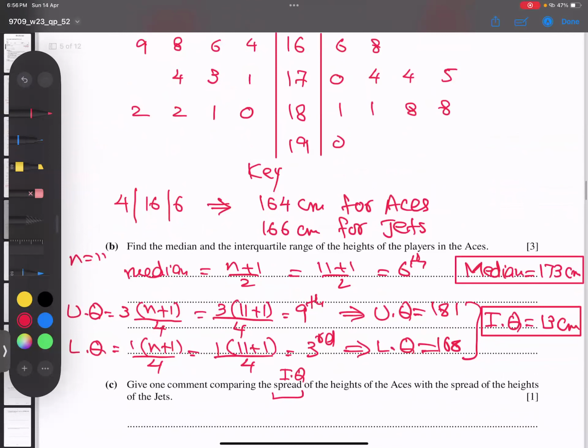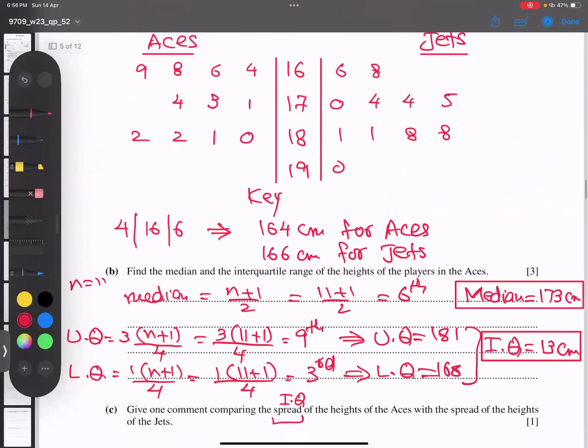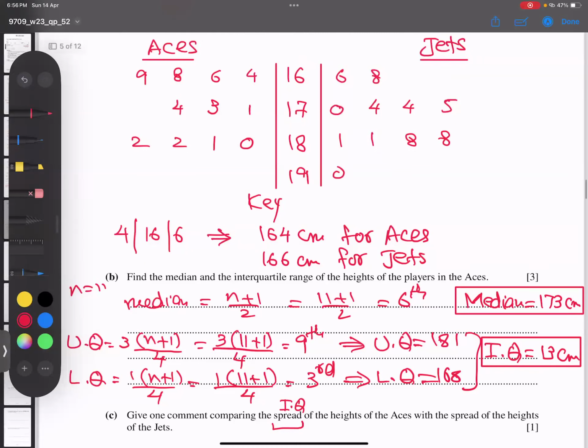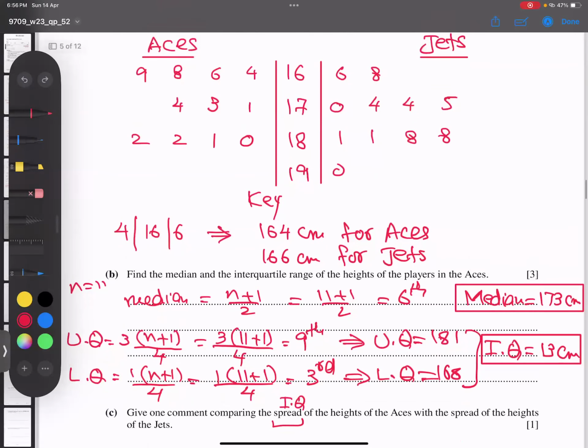So if you look carefully at the spread, or even the highest and lowest values, we can see clearly here this is 190. The jets heights are more, because mostly even 188, 188, while here there are lesser numbers, 182. So heights are more for jets.